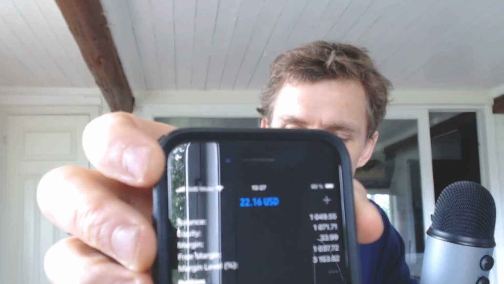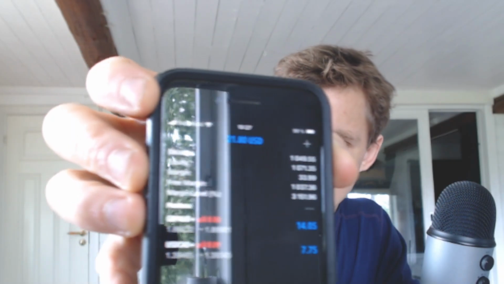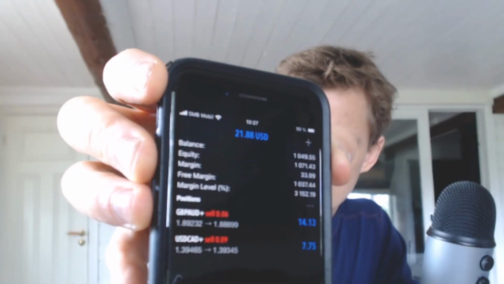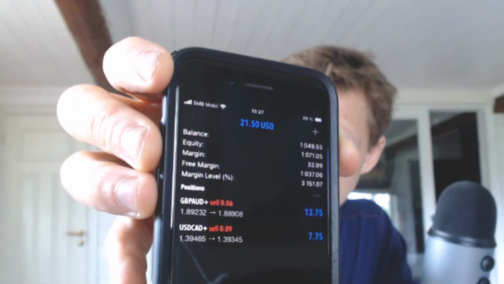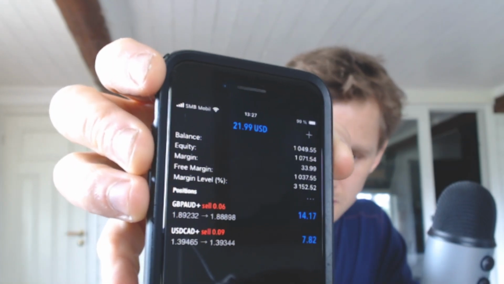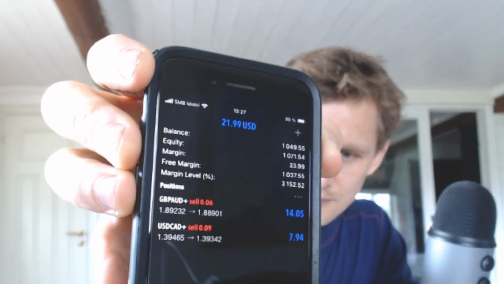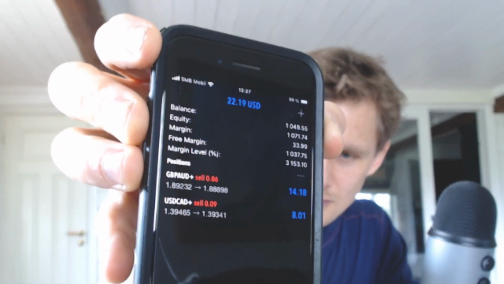Maybe you can see it here. So that's the trade we were just looking at, which I think will go down and it can hit the profit target.